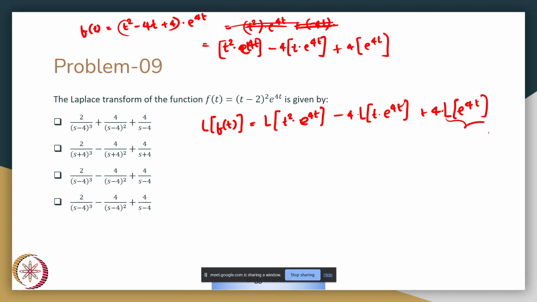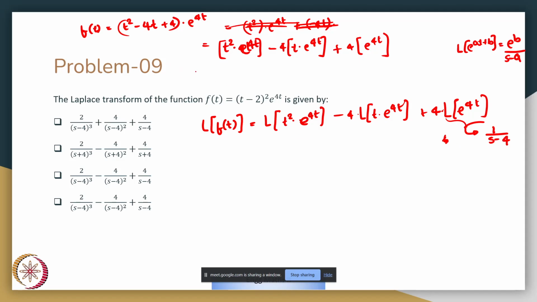For this, we know that the Laplace transform of e raised to (at plus b) we have already shown to be e raised to b upon s minus a. In this case, b equals 0, so e raised to b becomes 1, and a is 4. So the Laplace transform of e raised to 4t becomes 1 upon s minus 4.